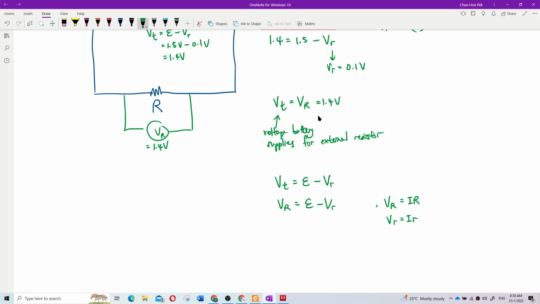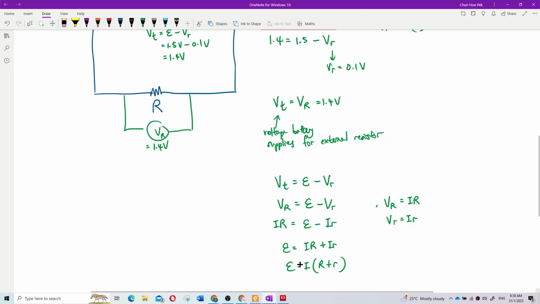So we substitute: EMF minus V small r, where V small r is I multiplied by small r. Rearranging, this is the formula you are familiar with. This one goes to the other side, plus I small r. This is the formula that you learned before in SPM. Correct, class?